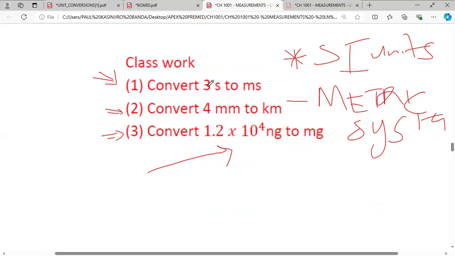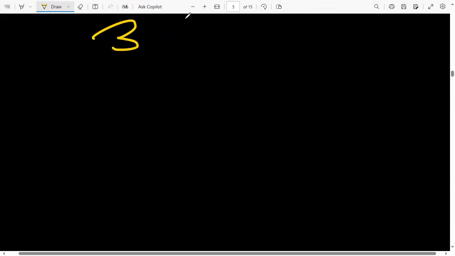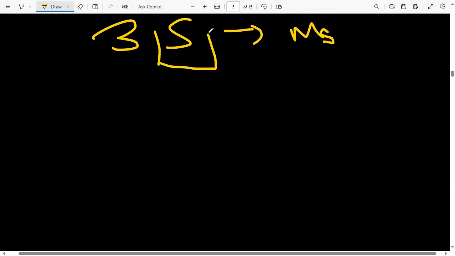So we are converting 3 seconds to milliseconds. So what are we going to do? Okay, so 3 seconds, we are converting them to what? Milliseconds. Okay, so what are we going to do here? We notice that this one here is the SI unit.